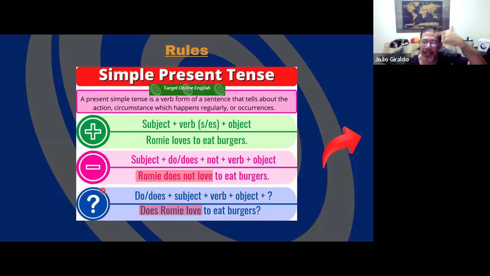Okay? This is something you need to practice, to work, to exercise, to remember. Don't just study, don't just learn. It's important to constantly do exercises about simple present. Okay, people?